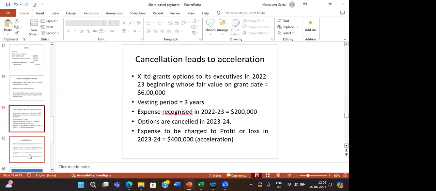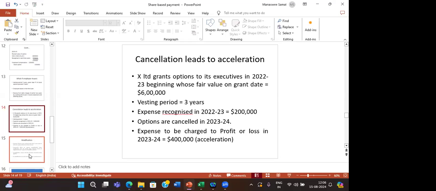I talk to my employees, then I say that, okay, I'll give you stock options because I have learned from accounting that if I give you stock options, my expenses would go up, then I'll be able to report less profit. That is my objective for some reason. So I do that.